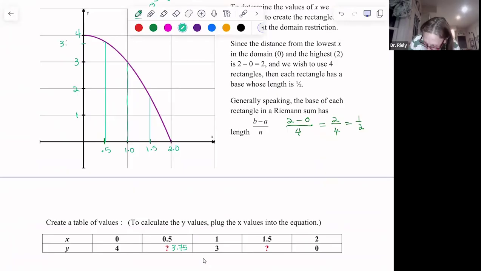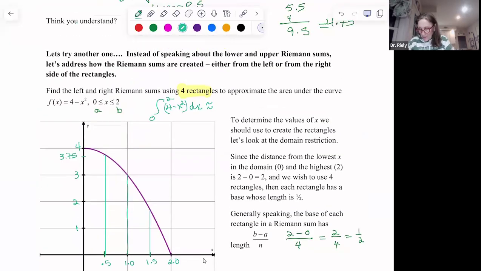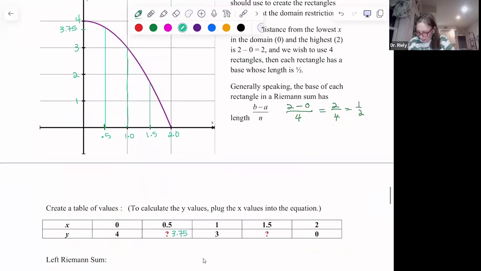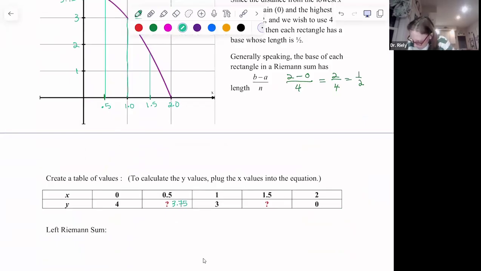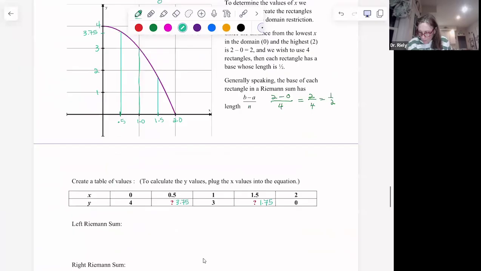Then if I use 1.5 and put it back in this formula, I will get a y value of 1.75. And then I had given you all the other values in there.